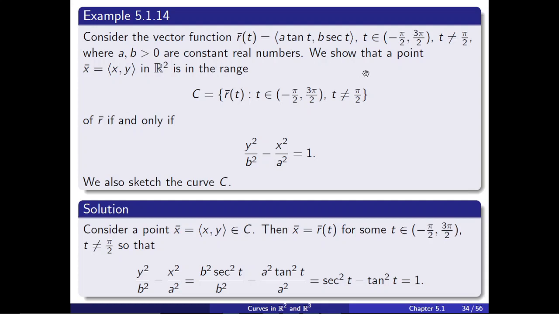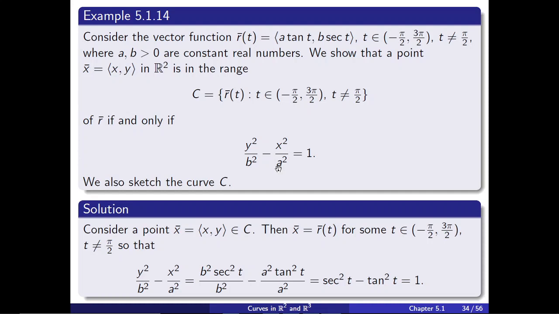What we want to show is that x will be in the range of r, which we call C, if and only if y squared over b squared minus x squared over a squared is equal to 1. Then we are going to sketch the curve, and then we will look at a concrete example with values for a and b.